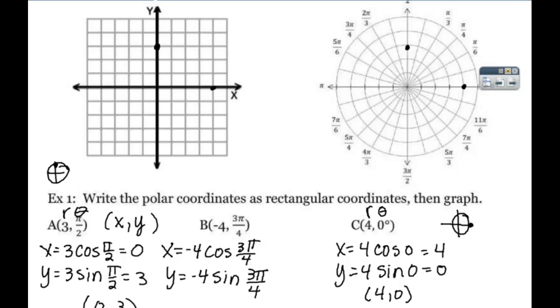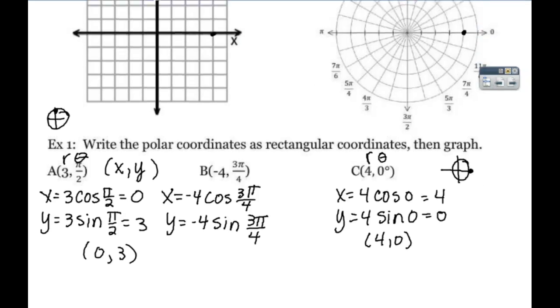So I know my reference angle is pi over 4. And so the sine and cosine are both the square root of 2 over 2 at pi over 4. But 3 pi over 4 is over here. So is my x positive or negative? So the cosine is going to be negative square root of 2 over 2. And the sine, the y is positive, so it's going to be a positive square root of 2 over 2, right? So we're going to multiply like this.